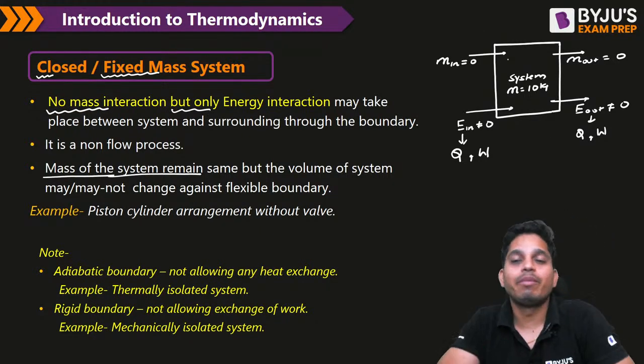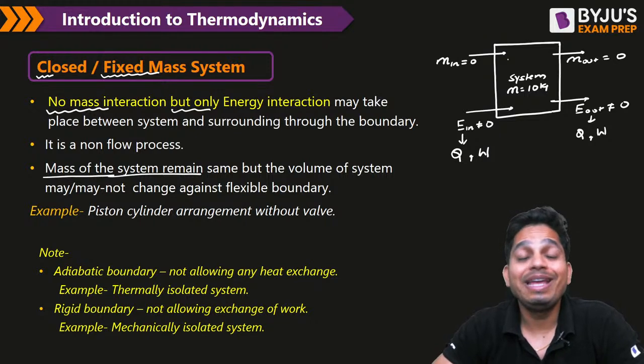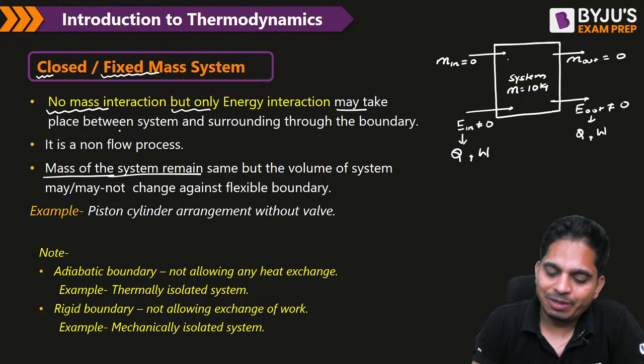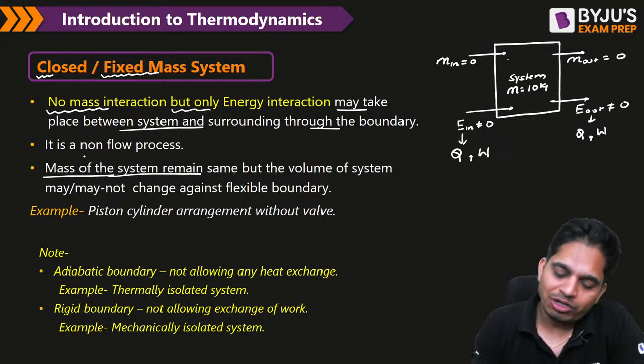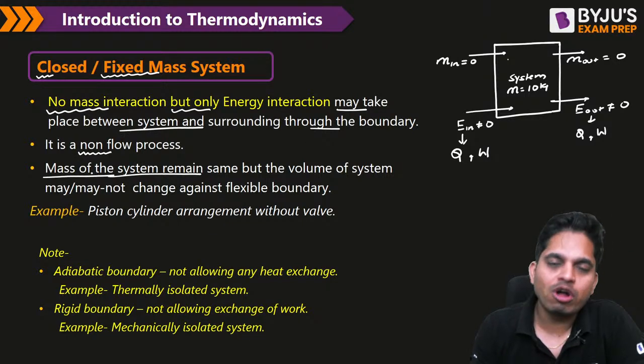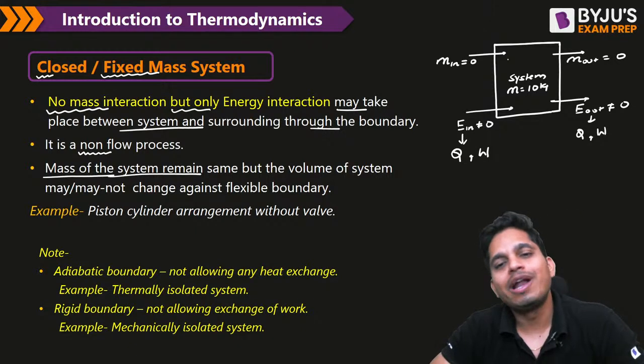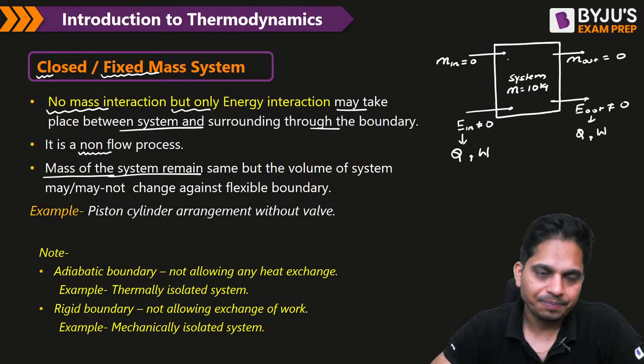A system that will not allow any mass interaction, but only energy interaction, is called a fixed mass system or closed system. It is also called non-flow. Why non-flow? Non-flow in terms of mass, because mass is not flowing.